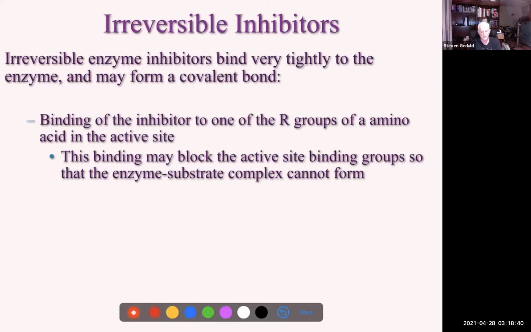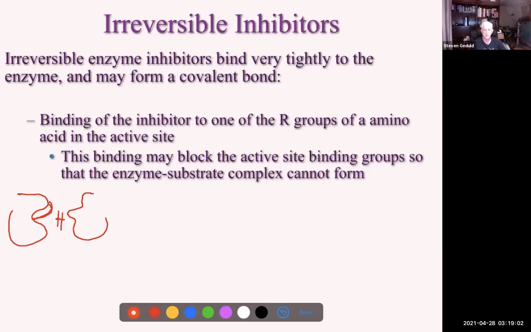Remember, if you have the active site, so this is your enzyme right here, and this is your substrate that's going to fit inside of it here. If this bonds right here, this isn't going to fit anymore. It's not going to make it.